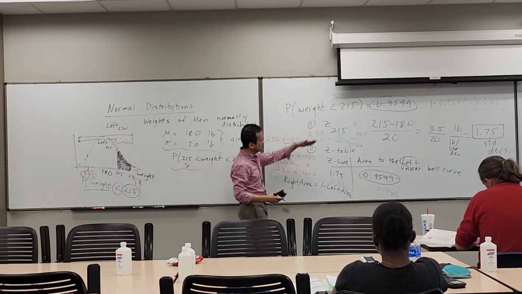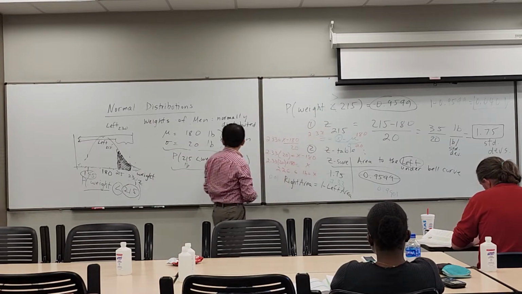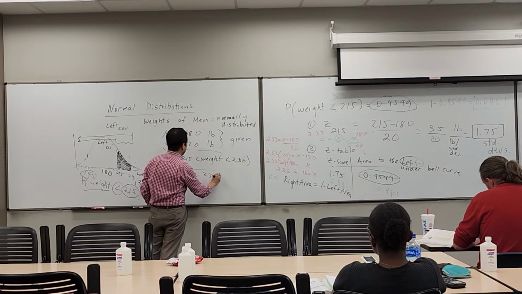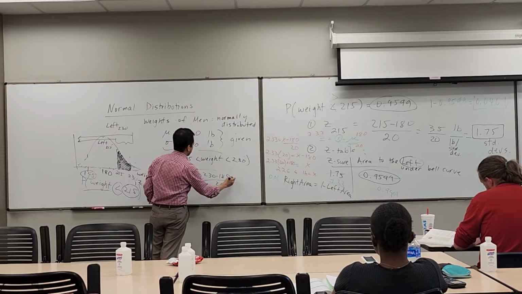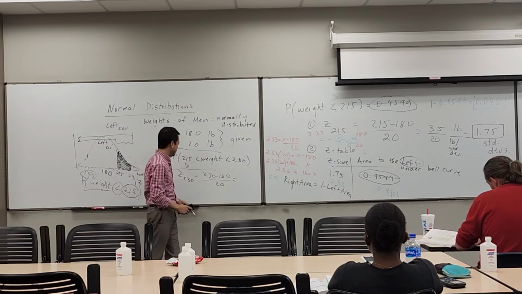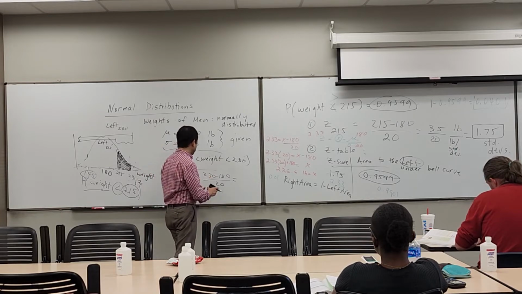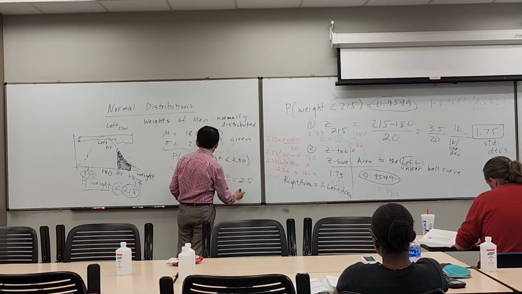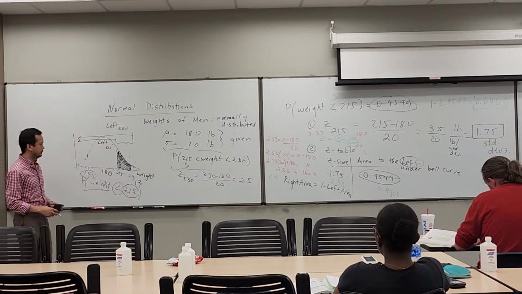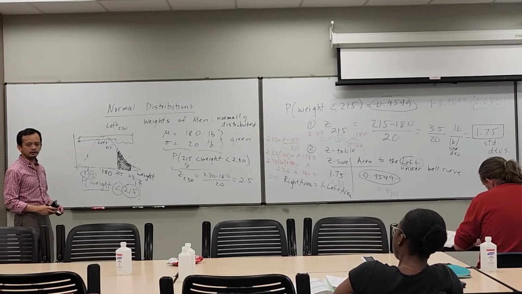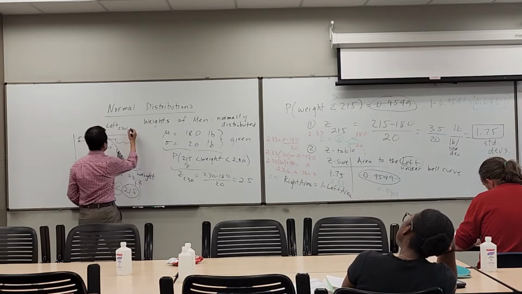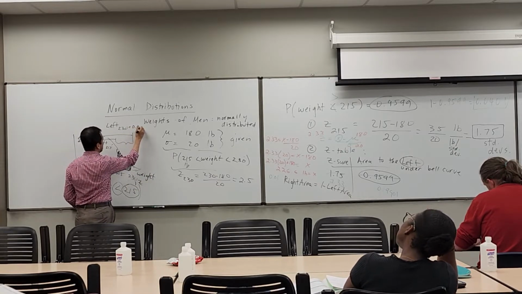We need to calculate the z-score of 230. That'll be 230 minus 180 over 20, which is 50 over 20, 2.5. So go ahead and look up 2.5 as a z-score, and let me know what you get. 0.9938. Yeah, so the left area of 230 is 0.9938.